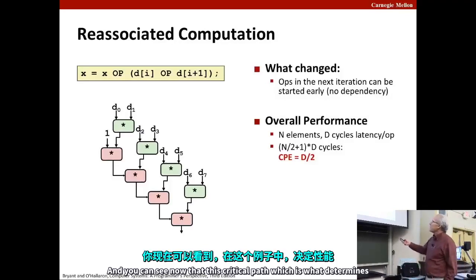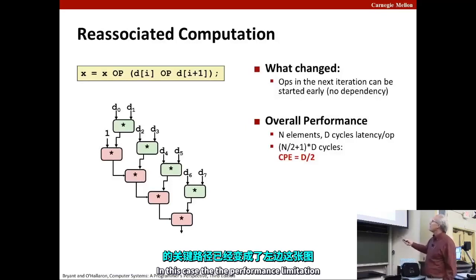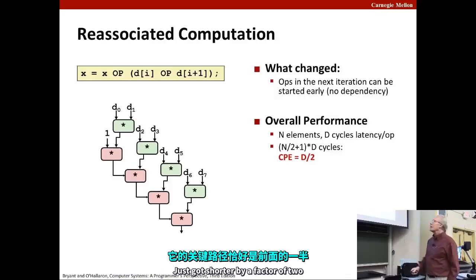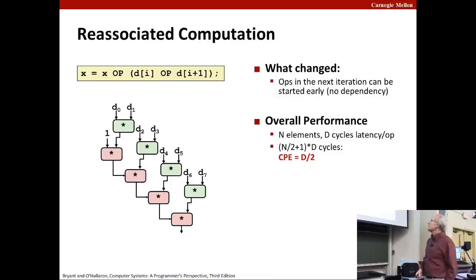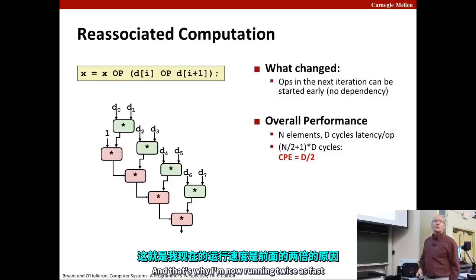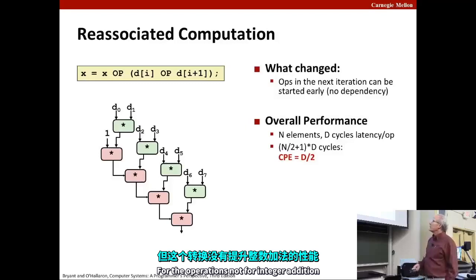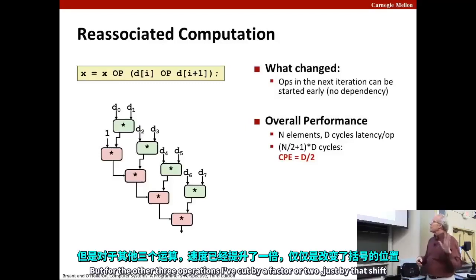You can see now that this critical path, which is what determines the performance limitation in this case, just got shorter by a factor of 2. That's why I'm now running twice as fast. For the 3 operations other than integer addition, I've cut the time by a factor of 2, just by that shift.